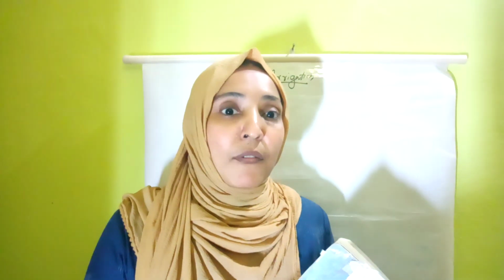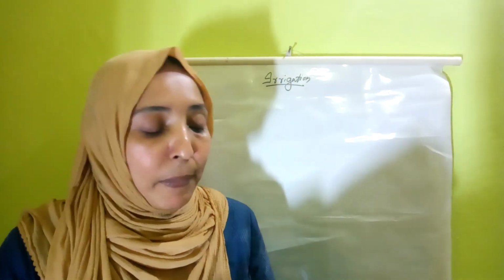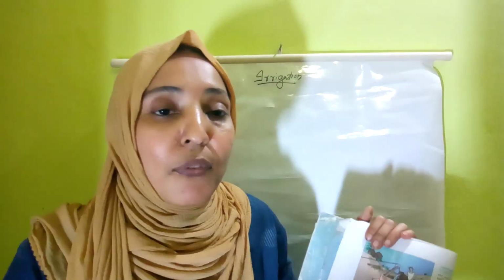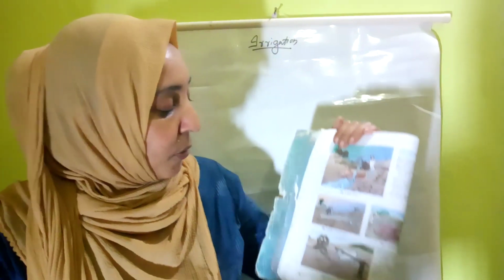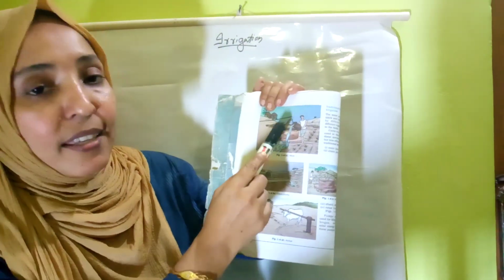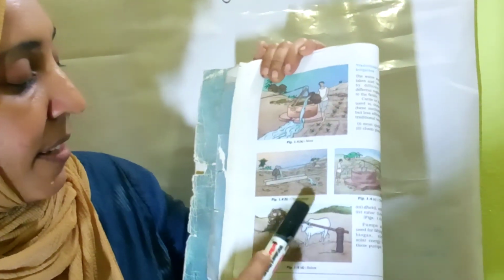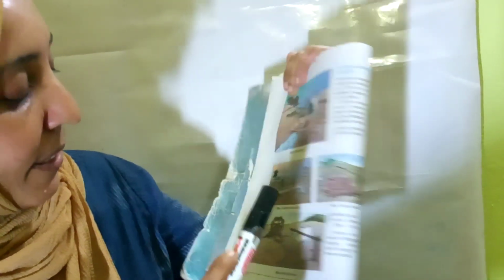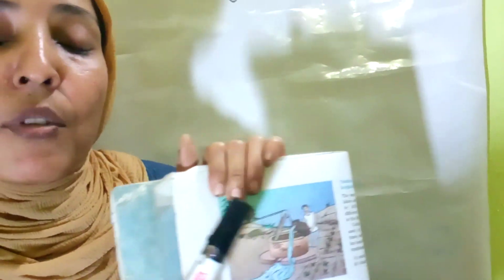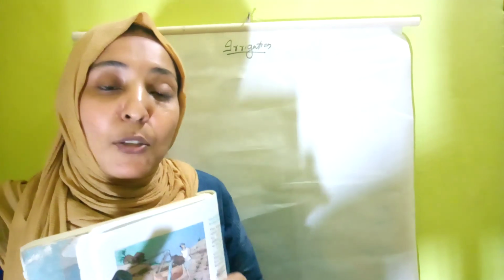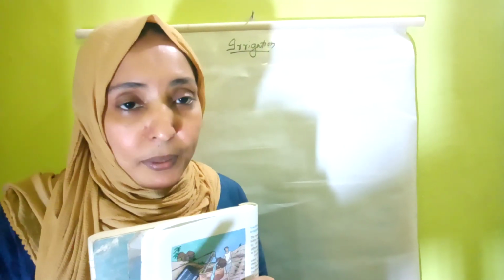In ancient times, there were no power operated machines, motor pumps and others to lift the water. At that time, by labor, human beings and animals did this process of irrigation. In your textbook, page number 8, you can see some traditional methods of water irrigation: mot, chain pump, then dhekli, rahat, etc. All these are the traditional methods of irrigation, usually by animals and also human beings.